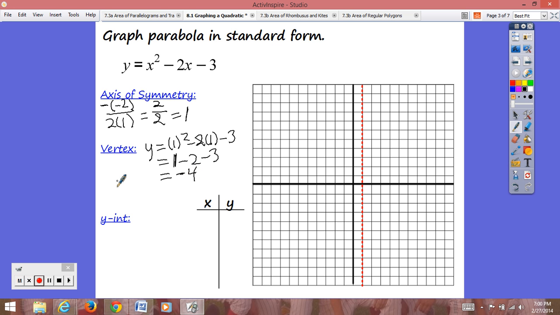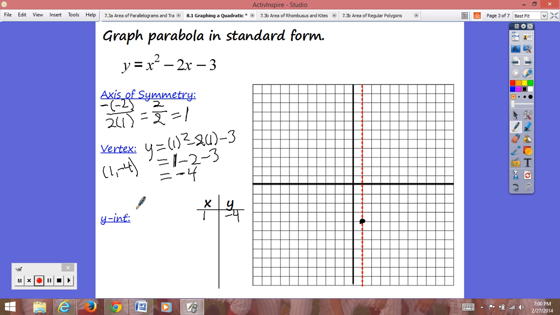So our vertex is at 1, negative 4. Put that in our table. Go ahead and plot that point on our graph. We have our axis of symmetry at x equals 1.